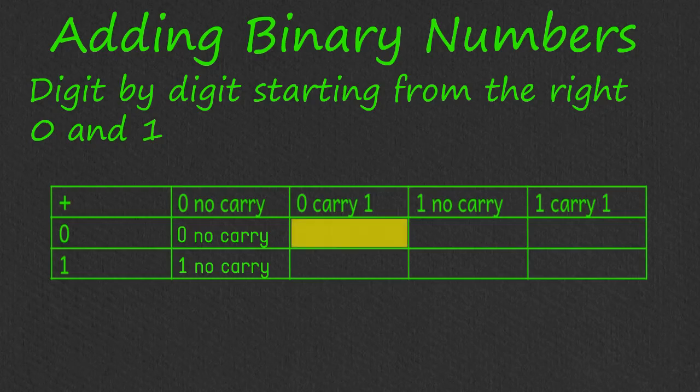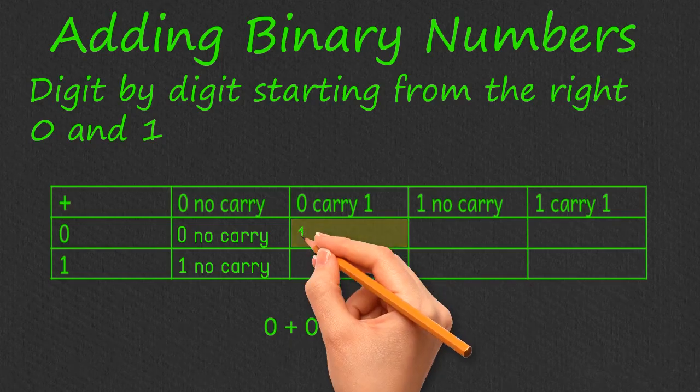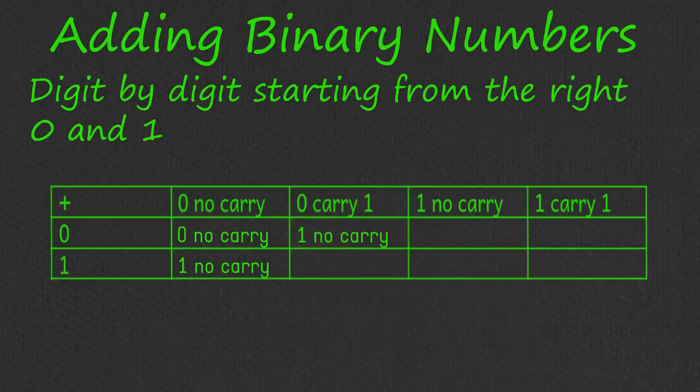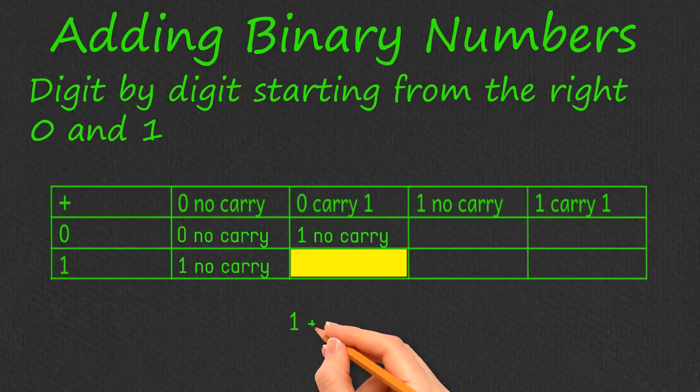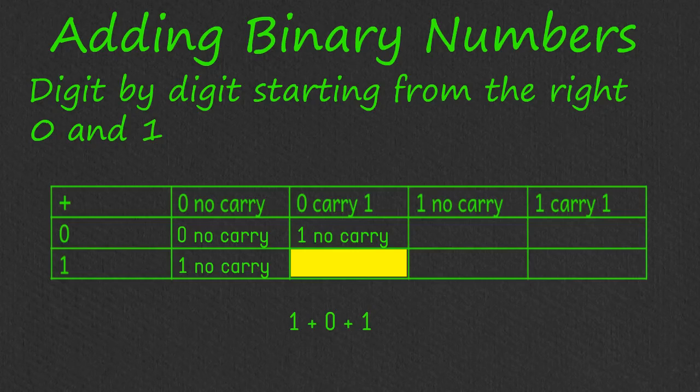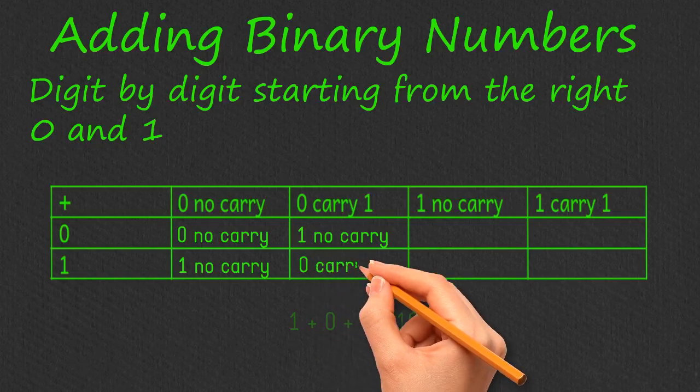So in the second cell, we add together 0, 0 and a carry of 1. The total here is 1 with no carry. However, in the next cell down, we are adding together 1, 0 and a carry of 1. These together make 2, which in binary is 1, 0, as I explained earlier. So here, the result of the sum will be 0, carry 1.